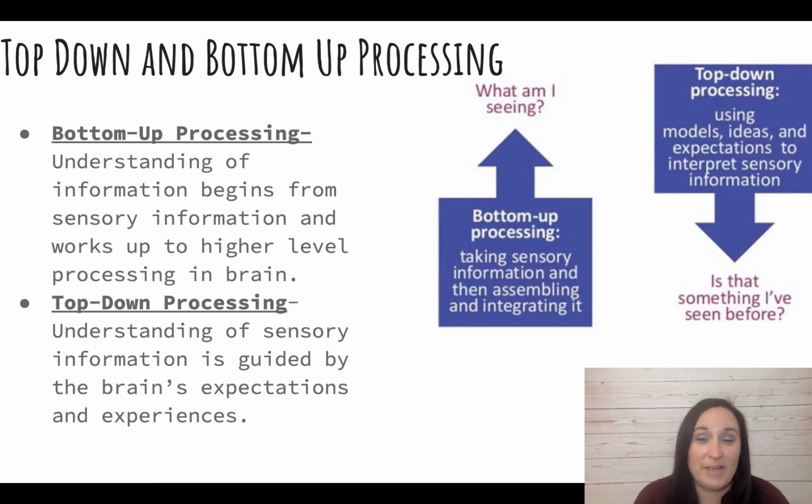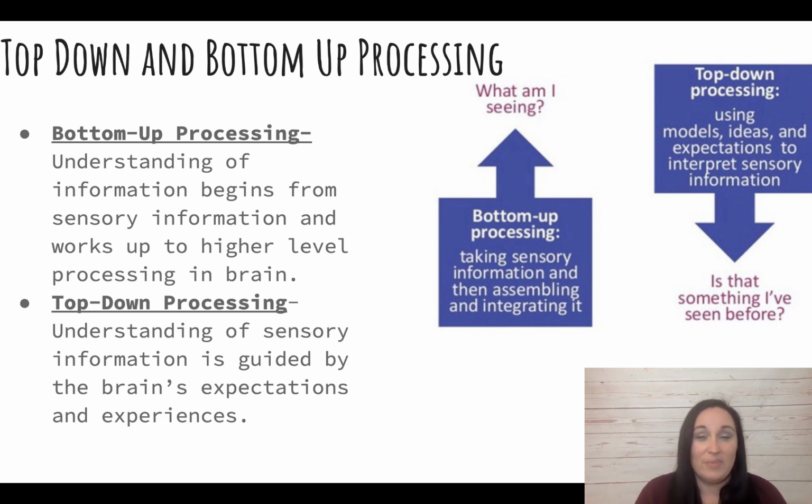There are two different types of processing. Bottom-up processing is starting with the senses. Bottom-up means taking sensory information and trying to figure out what something means or what something is based on what you are seeing or what you are hearing.